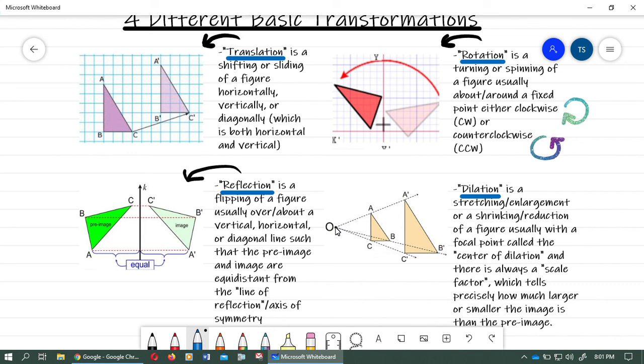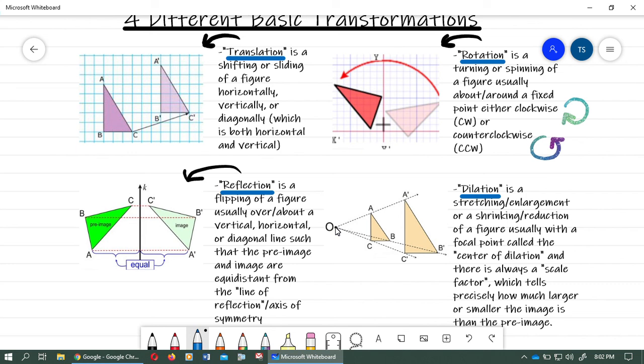And guys, there's always a scale factor. Now, for those who may not know what a scale factor is, it's a number that tells you precisely how much larger, or in some cases how much smaller, the image is than the pre-image, right? So let's say the scale factor was 2. That means your image is twice as large as your pre-image.